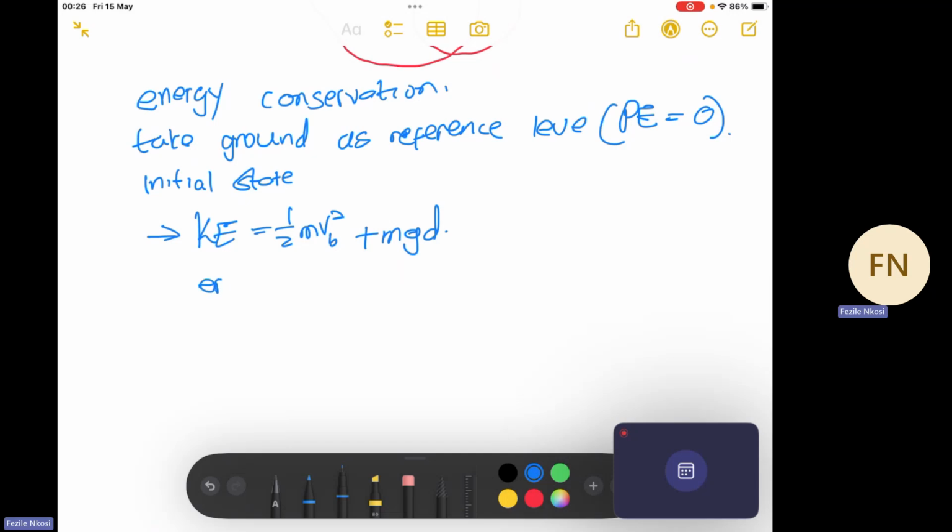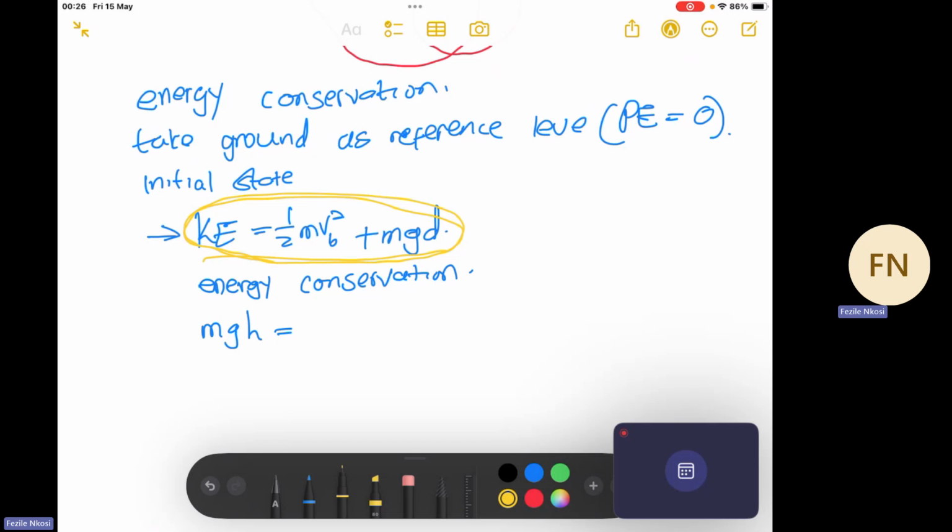Now energy conservation, of course, gravitational potential energy, mgh is equal to, oh, by the way, if I said this is initial, I meant final. Of course, this is final because it starts at the top.